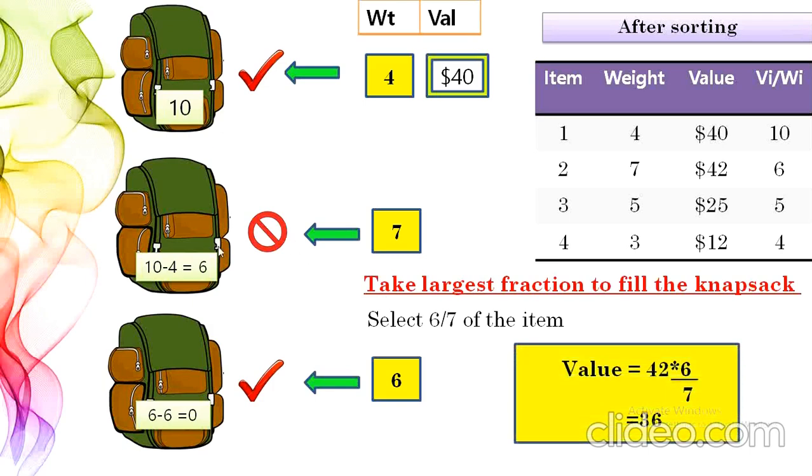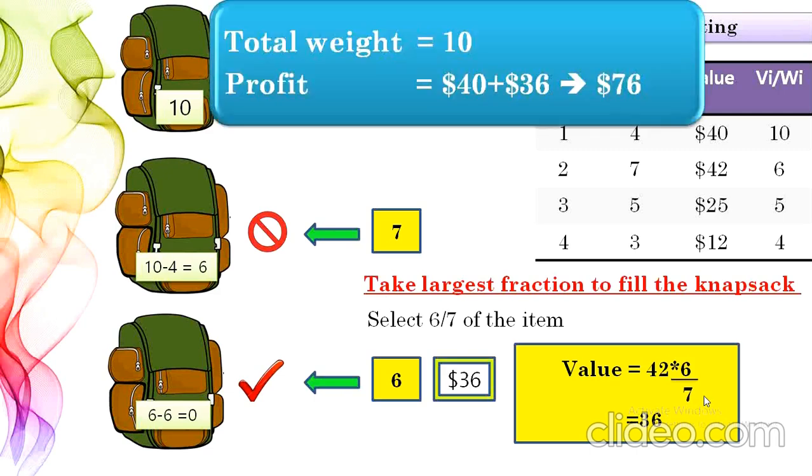For weight 7, the value is 42. For weight 6, you calculate 42 into 6 by 7, which gives 36. So the corresponding value is 36 here. Stop the process and find the maximum profit and total weight utilized. Here we utilize the knapsack bag fully, 10 out of 10, and the profit we earned is 76.